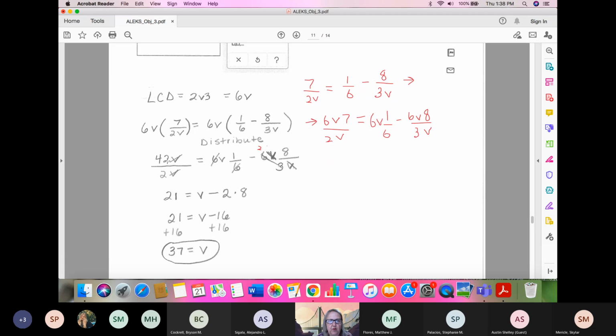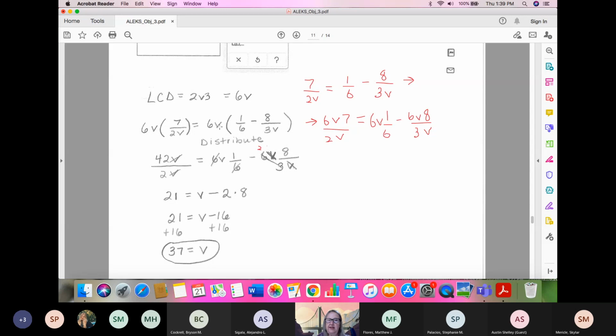6 times 7 is 42. We've got a V upstairs. And then we've got a 2V downstairs. And what can we do with that? V divided by V cancels. It's 1 really, times what's left is what's left. 42 divided by 2 is 21. So I just put that down here.